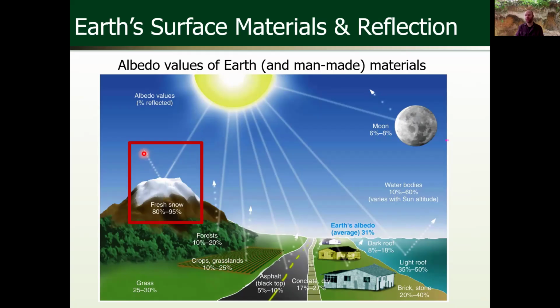It's almost like a mirror. In that case, as a human on Earth's surface, if you were standing on top of a mountain, you're getting that direct radiation from the sun, and then it's literally bouncing off the snow and coming back up and hitting you. So you're potentially getting almost twice as much radiation as when standing in a grassy area, for example.